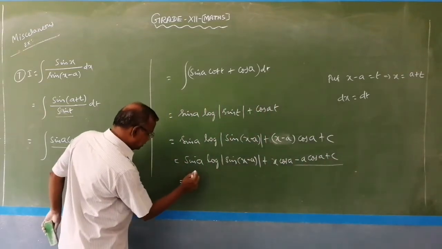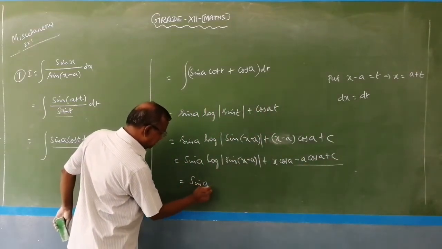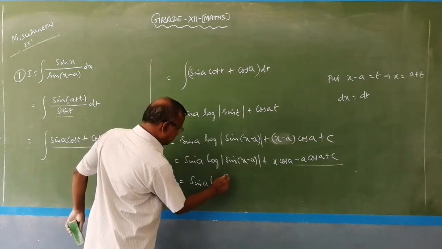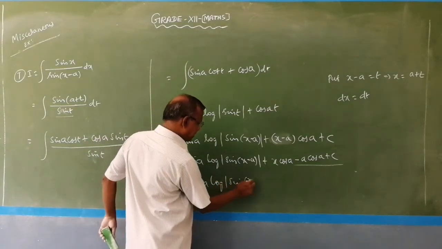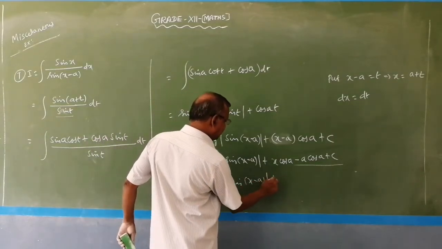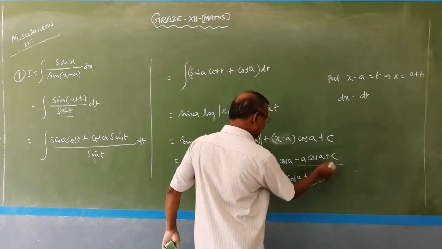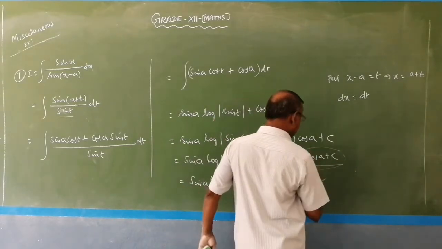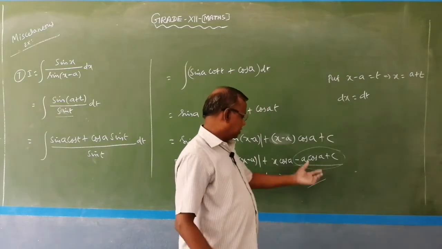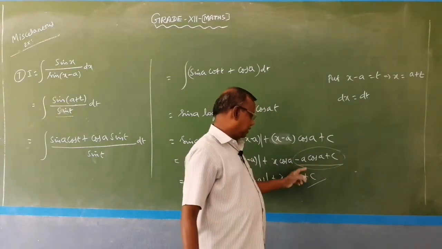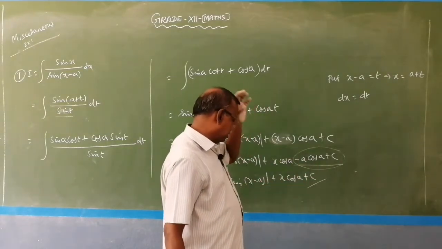Therefore, this can be written as sin a into log of modulus of sin of (x minus a) plus x cos a plus c, where c equals minus a cos a plus c, because these are all constants. So, for all the constants we can put only one constant, the arbitrary constant c.